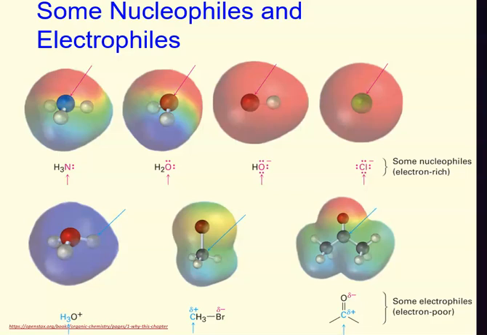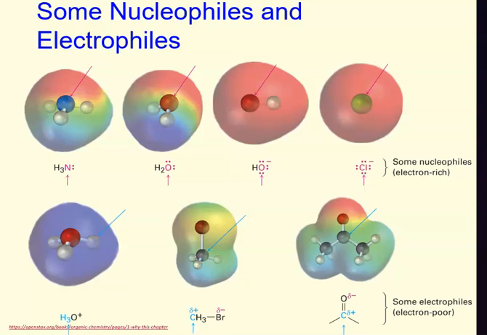Let's move on to show some examples to understand this. If I ask you which of the following can behave as a nucleophile and which as an electrophile: let's say I have NO2+, a nitronium ion.